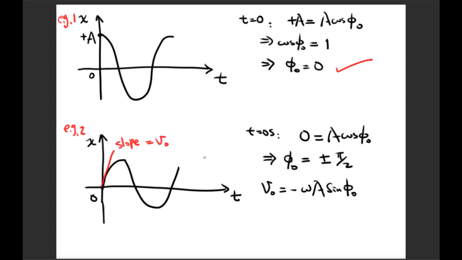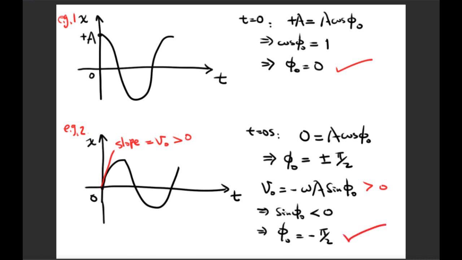The slope at the initial time is the initial velocity, and according to the diagram, this slope is positive. So let's put a positive sign here. In order for the whole product to be positive, we need sine phi naught to be negative. So we need to pick phi naught equals negative pi over 2. That is the only solution here.